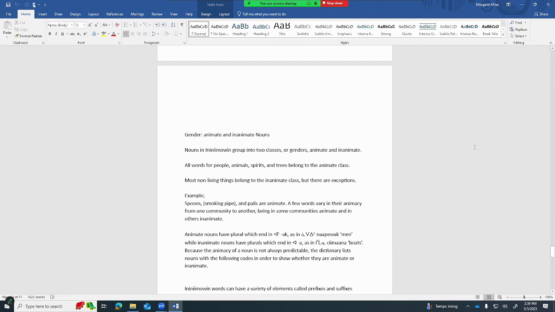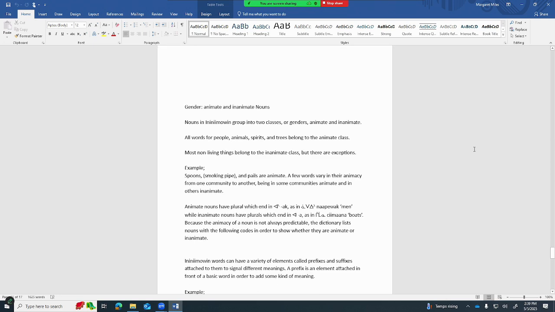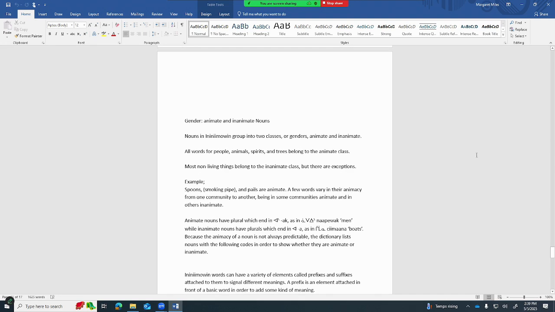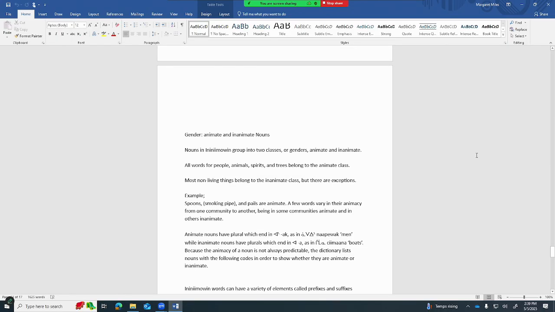So gender. We have two classes, animate and inanimate nouns. Nouns in the language group fall into two classes or genders, animate and inanimate. All words for people, animals, spirits, and trees belong to the animate class. Most non-living things belong to the inanimate class. There are exceptions.